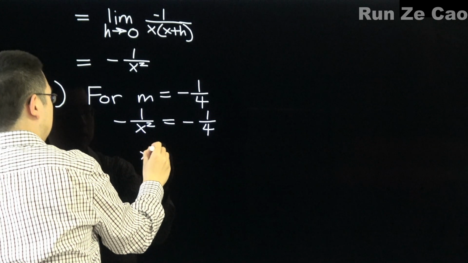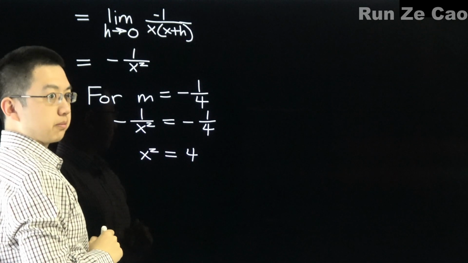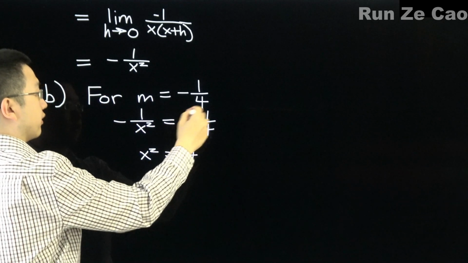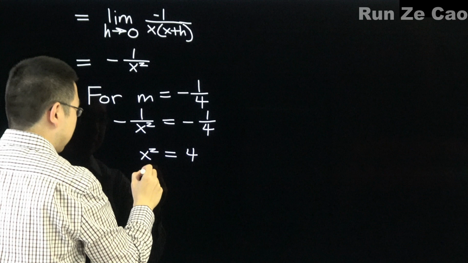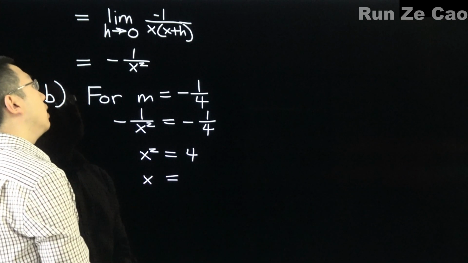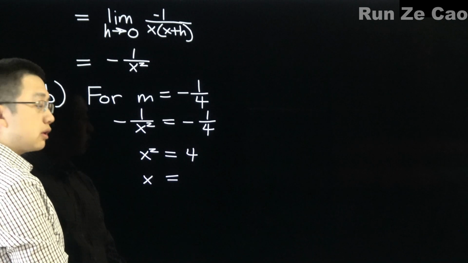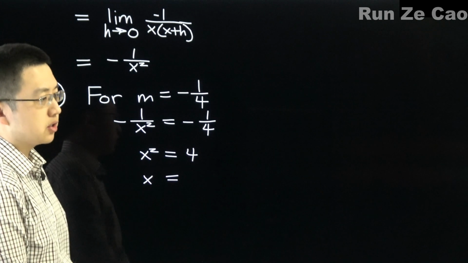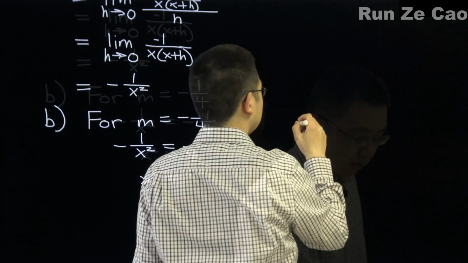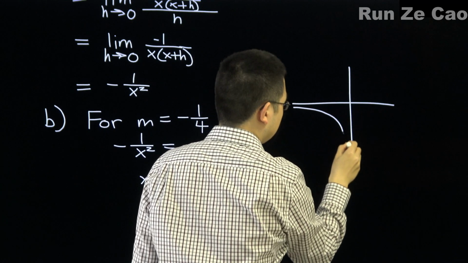And x squared is equal to 4. Looks pretty obvious to me. Everything else is the same. So, x is, well, here we can't just say plus 2. I mean, usually when we take the square root, we just say the positive. But in this case, our graph looks something like this.